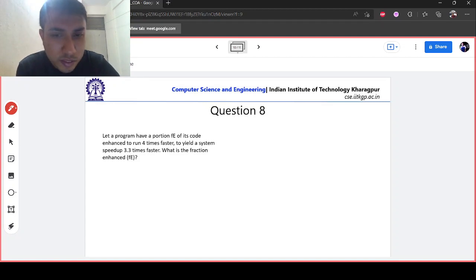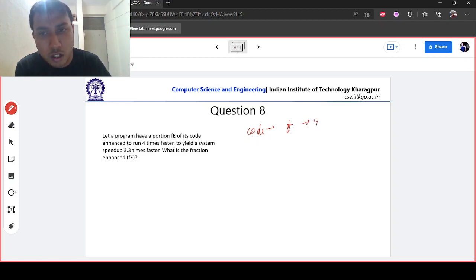Suppose we have a portion of code that has been enhanced to run 4 times faster, and the corresponding speedup for the system is 3.3. What is the fraction of the code that has been enhanced? We need to find out.